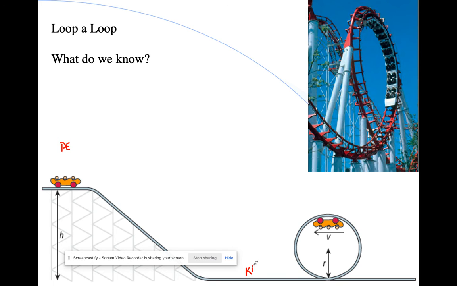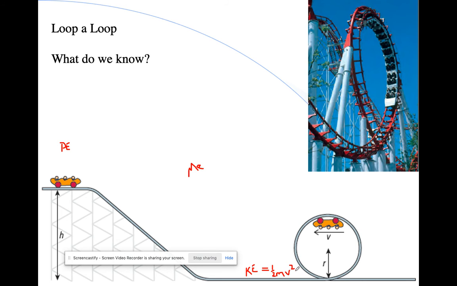And if we know our potential and kinetic energy, then we probably know its mechanical energy. So if we know its kinetic energy down here, then if given different things, depending upon what we have, we can find its velocity. We could find its mass. We probably know its mass already.